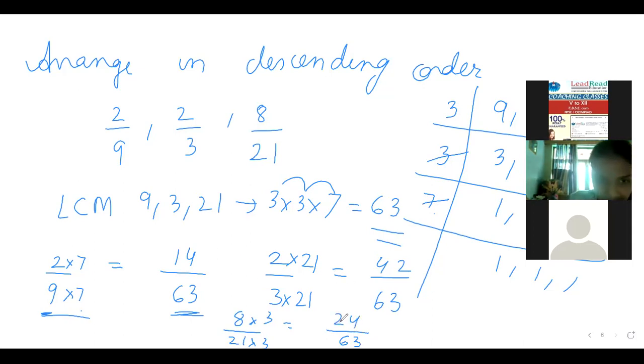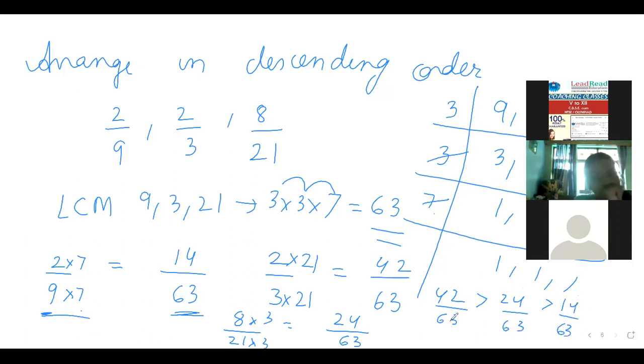So now we have all the three numbers. We have to arrange them in descending order. Descending order means the greatest should be first. 42 upon 63, then 24 upon 63, then 14 upon 63.